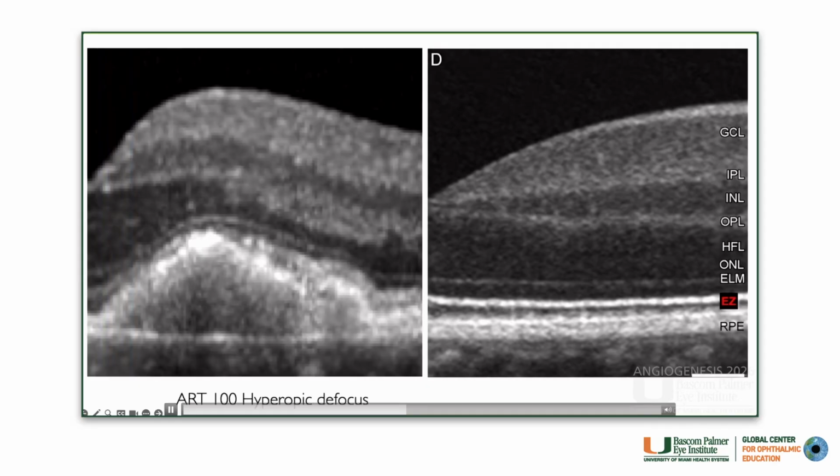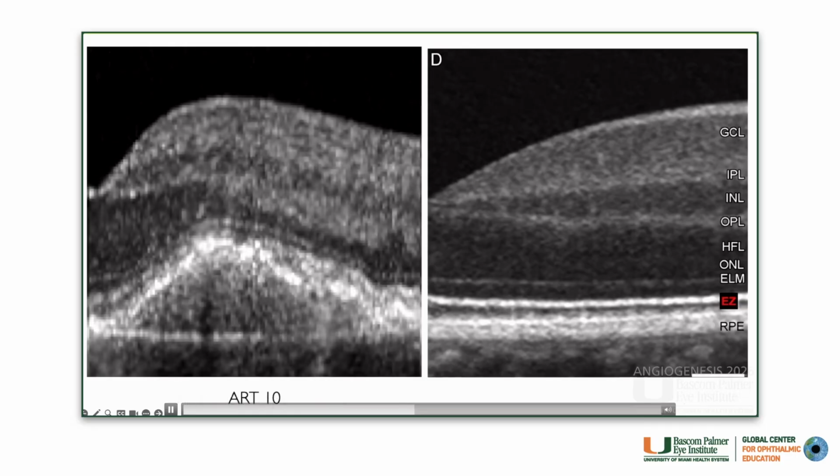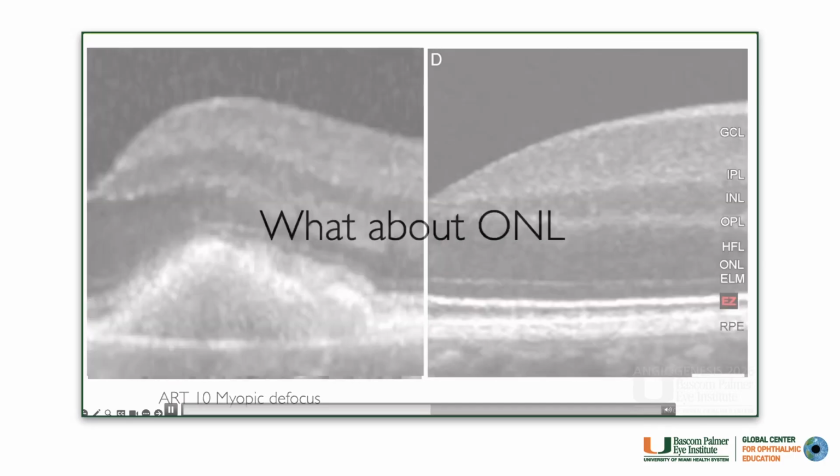If you have hyperopic defocus, or myopic defocus, or you reduce the average to 10 instead of 100, here it's a little more fuzzy and more difficult to identify. And again, if you have a myopic defocus, you can also have a different appearance of the EZ and also a different measurement.